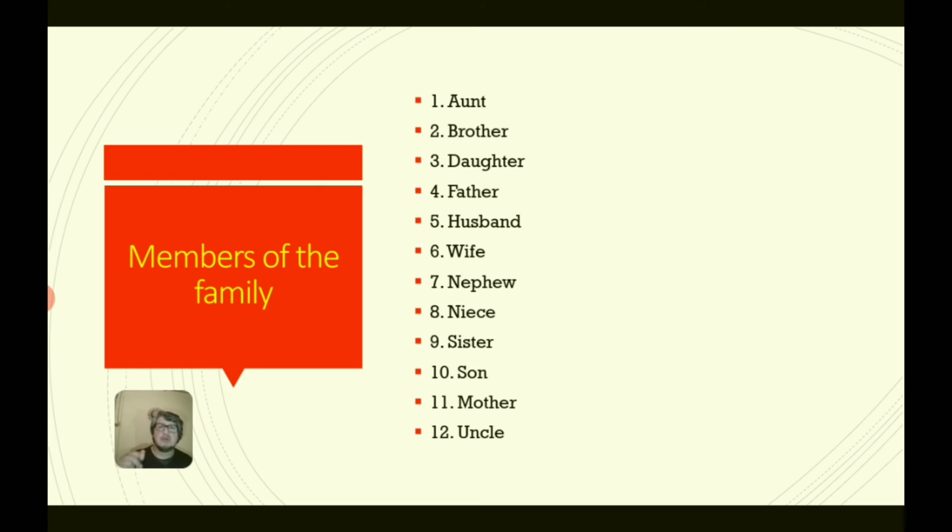Nephew, for example, if you have a brother or a sister and this brother or sister has a son, the boy is the nephew. But if this same person, your brother or sister, has a girl, a daughter, that girl is your niece. I repeat. What is this? Nephew. Nephew is, for example, your brother or your sister has a son, a boy.